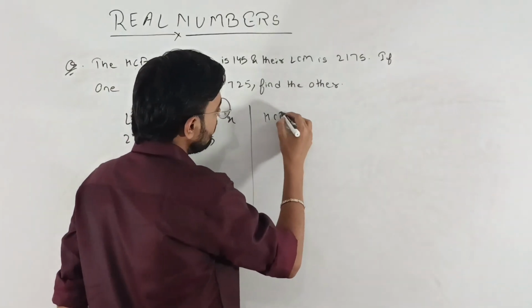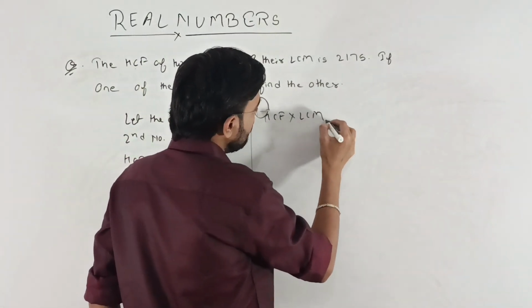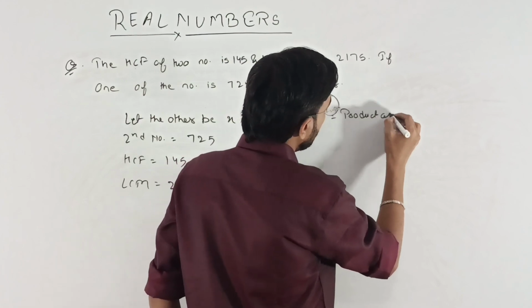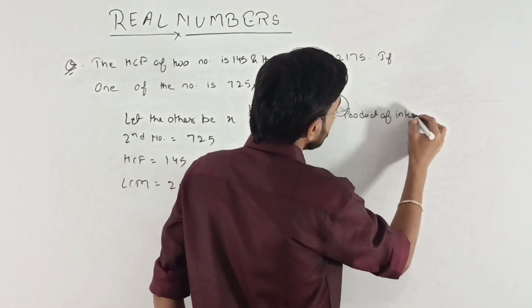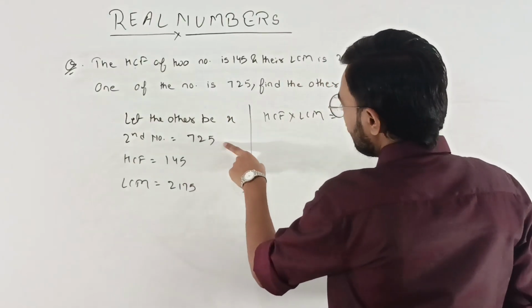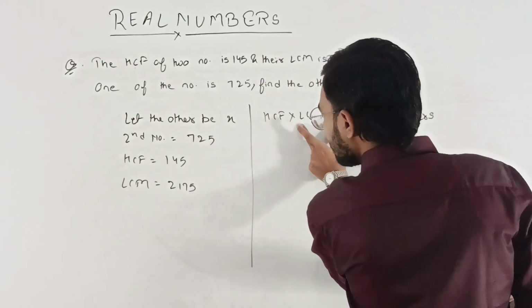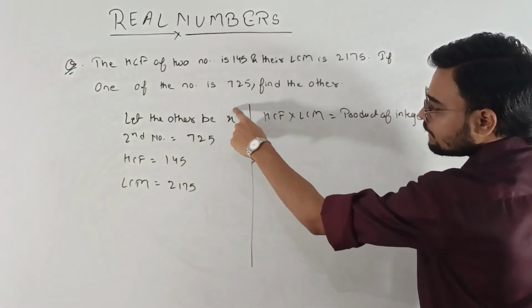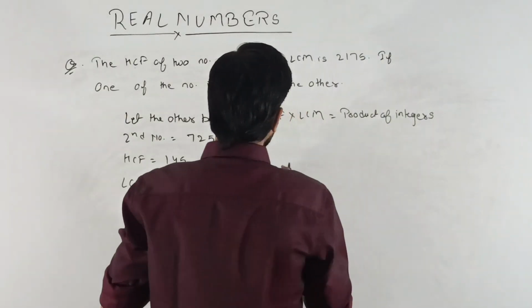HCF multiplied with LCM is equal to the product of the integers. These integers are x and 725. We have the HCF, we have the LCM, we have one number 725 and the second number is x. Then we have to find x.